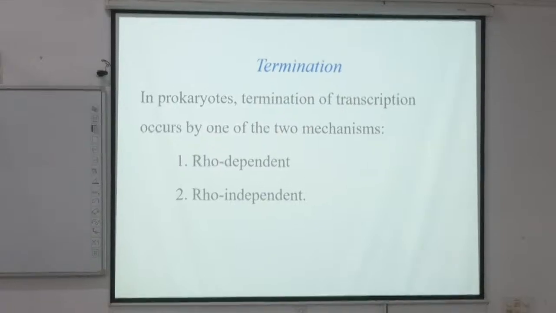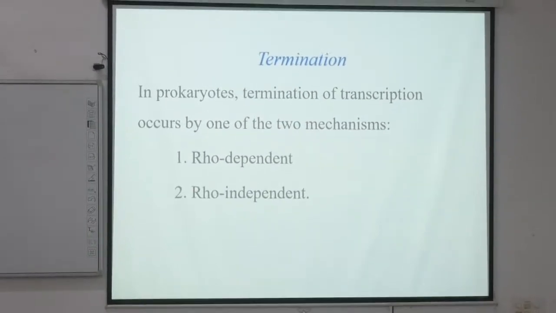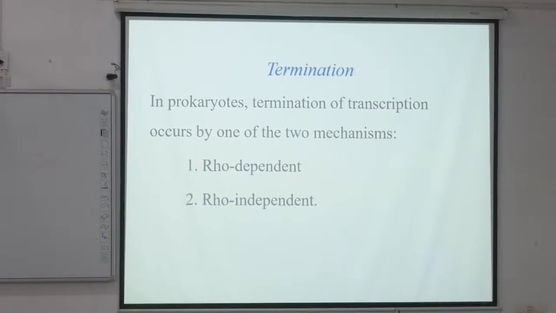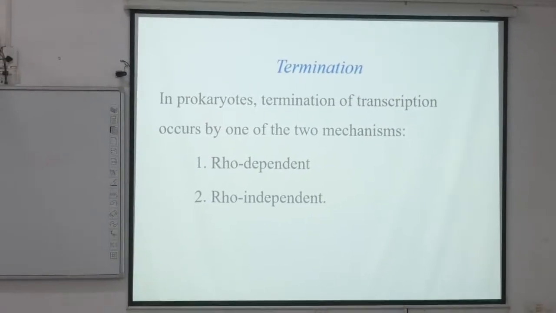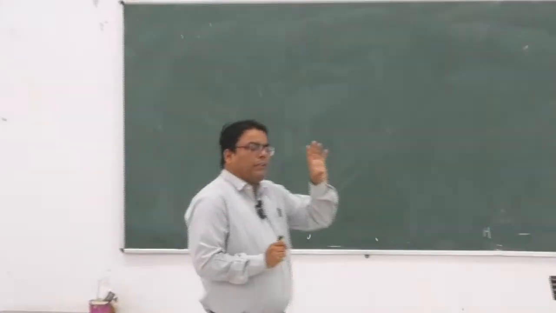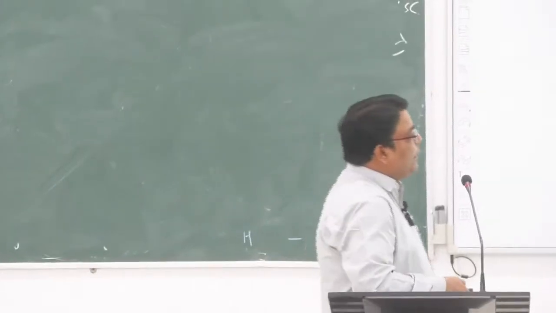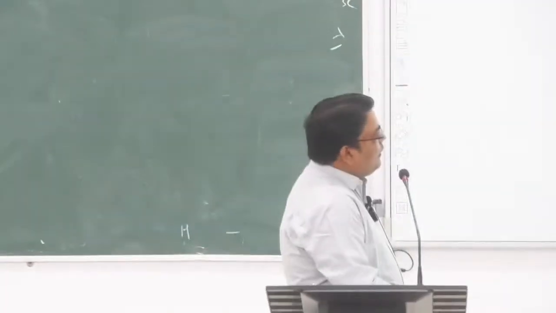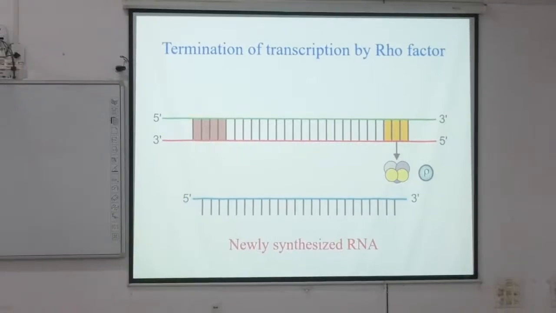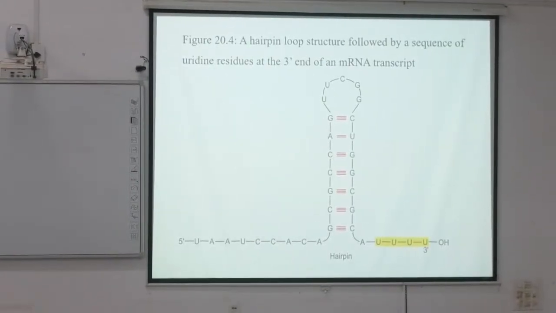Termination. In prokaryotes, termination is basically of two types of mechanisms. The first is rho-dependent, the second is rho-independent. Rho is a type of protein which has helicase activity. So what happens, you will see there, the newly synthesized RNA forms a hairpin loop structure.